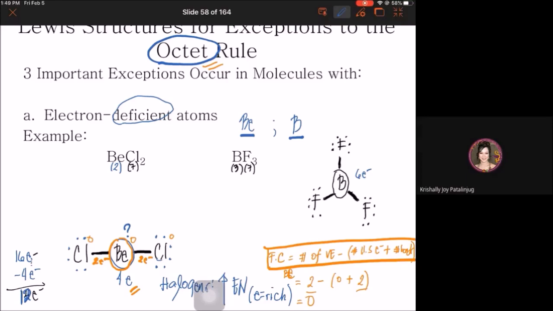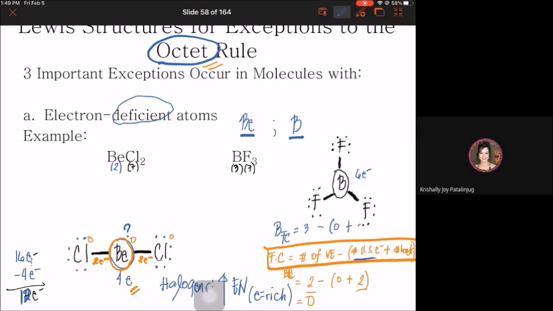Okay? Sige, check natin kung at its stable binding pa rin ba si boron dito kahit 6 lang yung surrounding electrons niya. Okay, so check natin ha, formal charge. Valence electron niya, okay, 3. Okay, sige. Para makita nyo, boron, formal charge: 3 minus number of unshared. Wala naman siyang unshared, puros bonds yan.